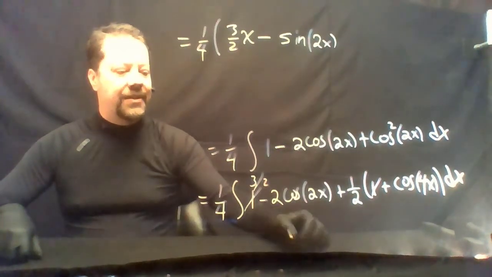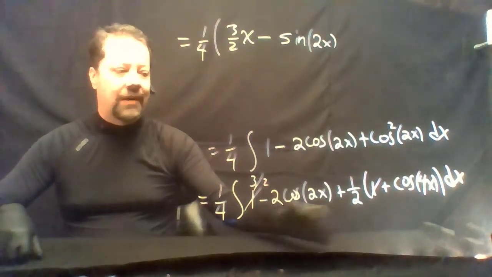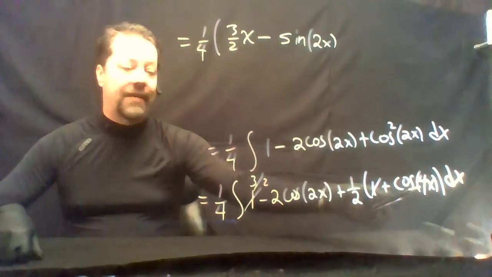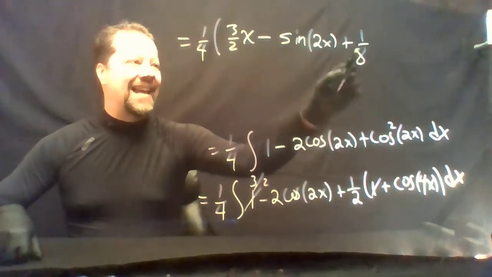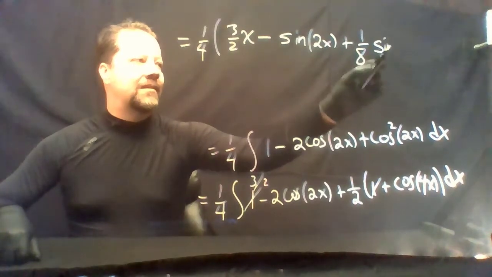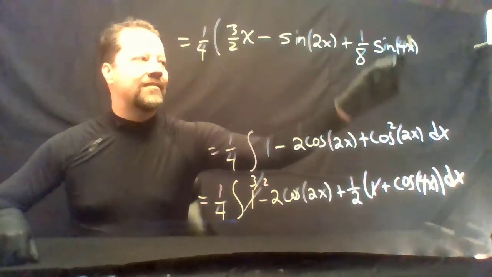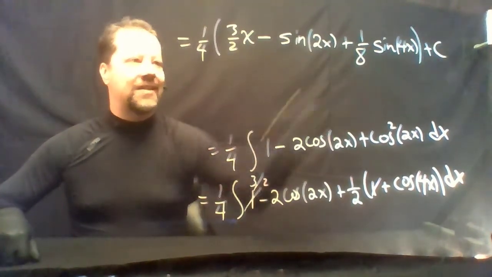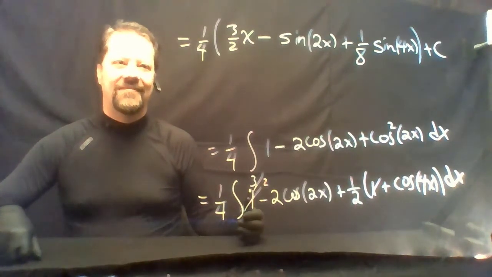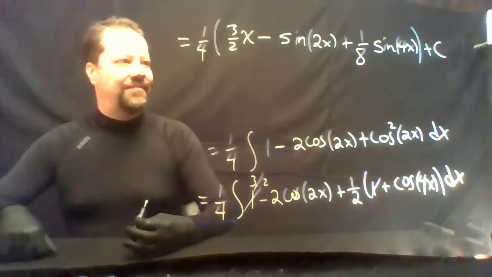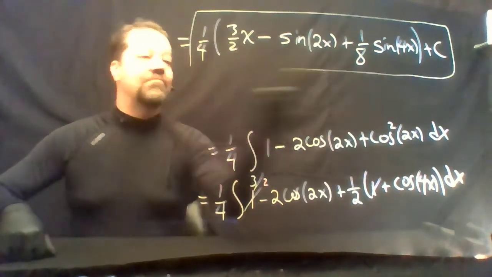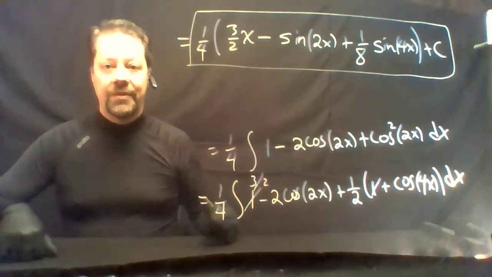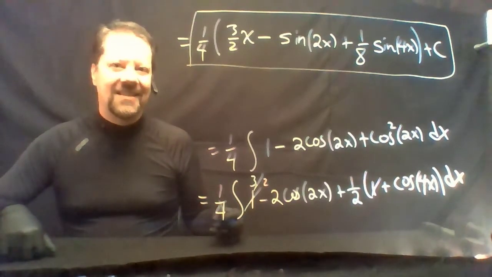You have to divide by a 2. That will cancel the 2 out front. Over here we have to divide by 4. So we'll end up with plus 1/8 sine of 4x plus c. And that, except for distributing the 1/4, is it.